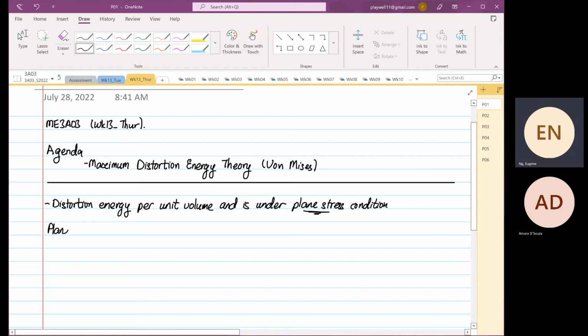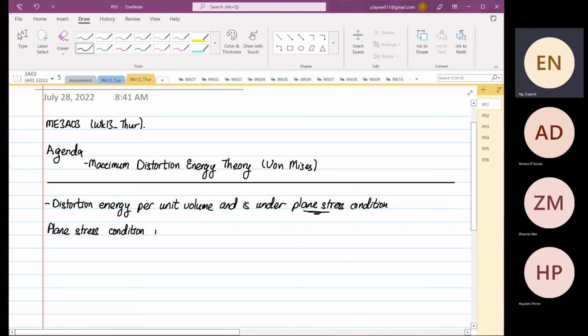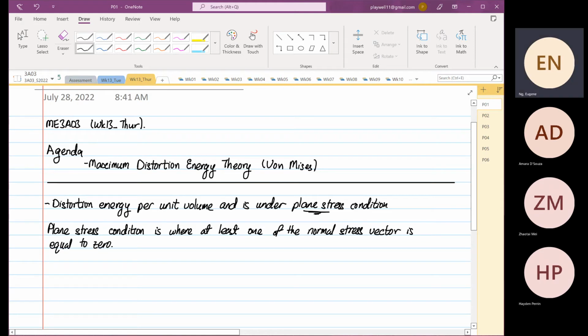Just to quickly recap, plane stress condition is where at least one of the stress, sorry, not any stress, normal stress vector is equal to 0.